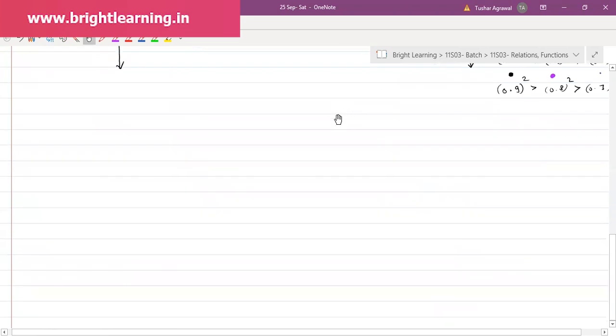Now the inverse function of the exponential function is the logarithmic function. So f of x equals log x to the base a.